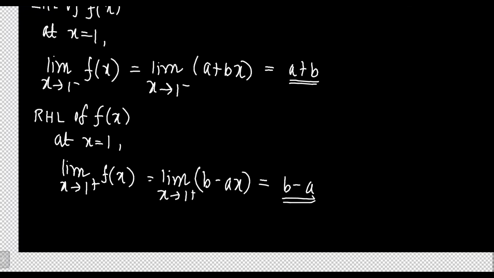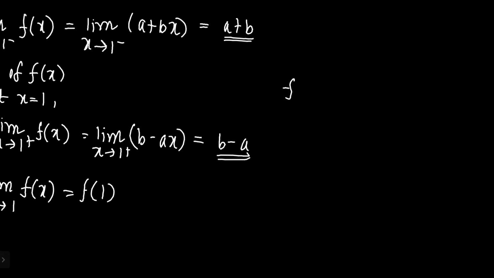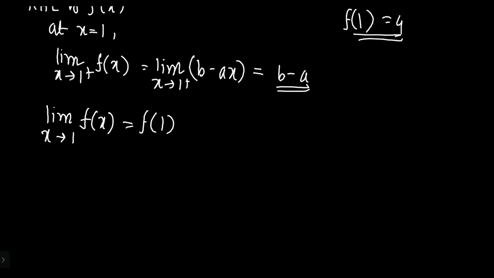So now it is given that the limit as x tends to 1 of f(x) is equal to f(1). Now f(1) we know is given, f(1) is equal to 4. So here the limit as x tends to 1 of f(x) is equal to f(1).